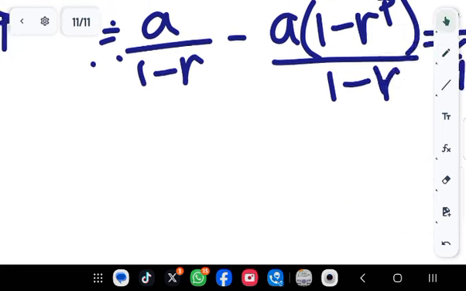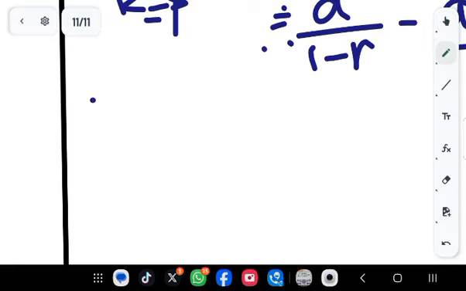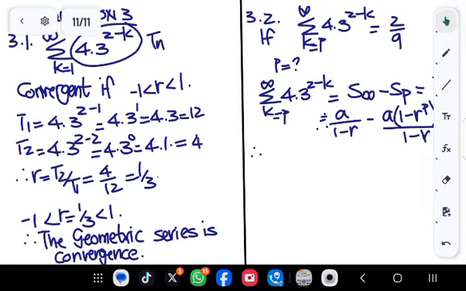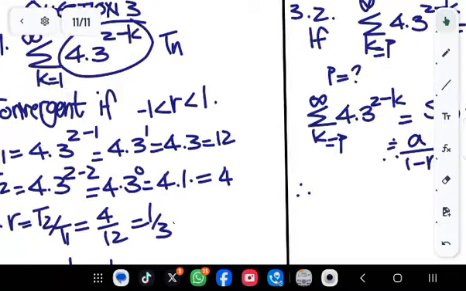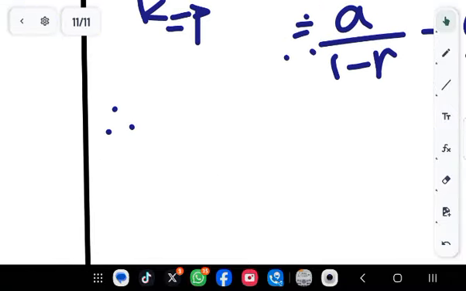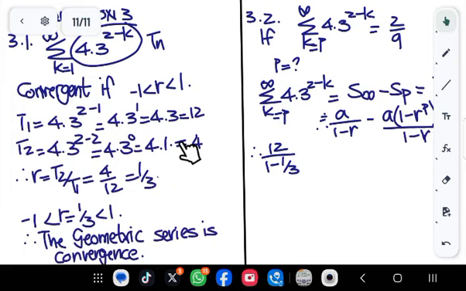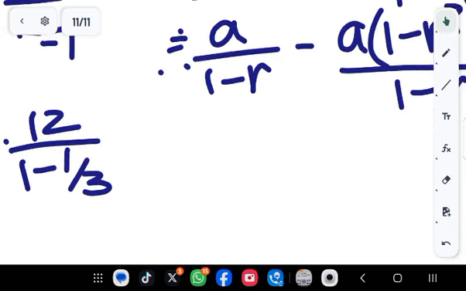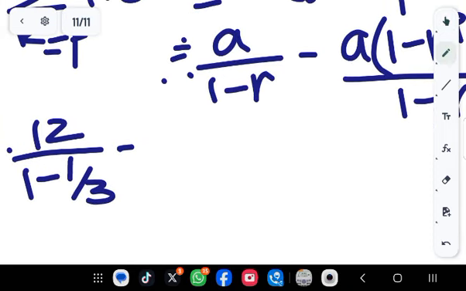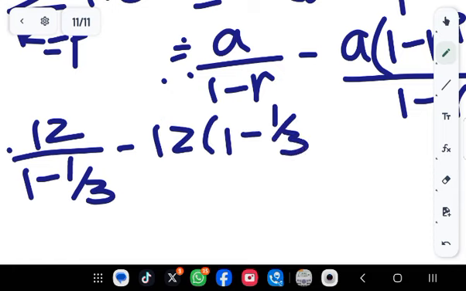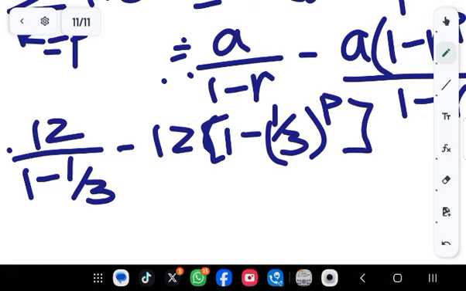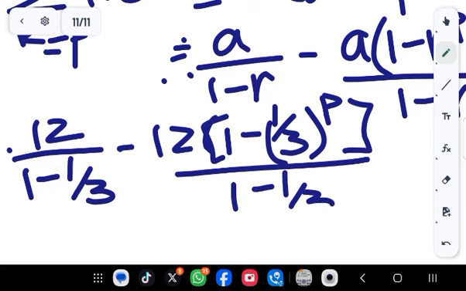Now the left hand side, let's substitute. a equals 12, remember, the first term. So that will be 12 over 1 minus a third, that's what the constant ratio is, minus 12 in bracket 1 minus a third to the power of p, all over 1 minus a third.